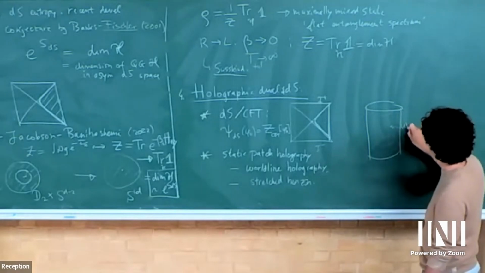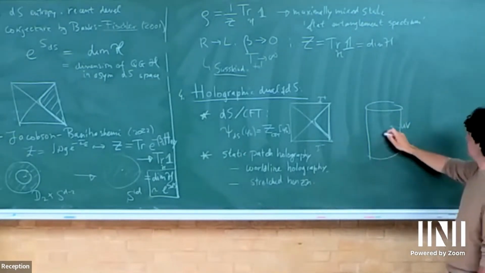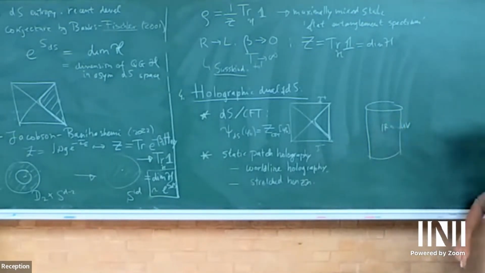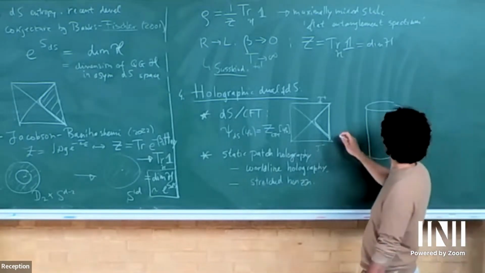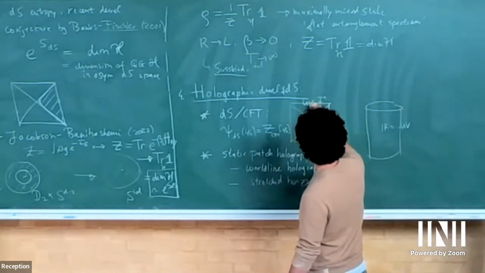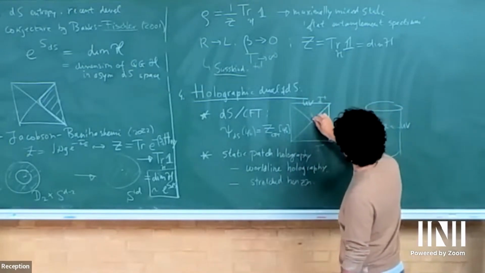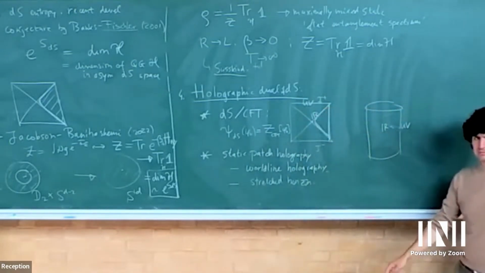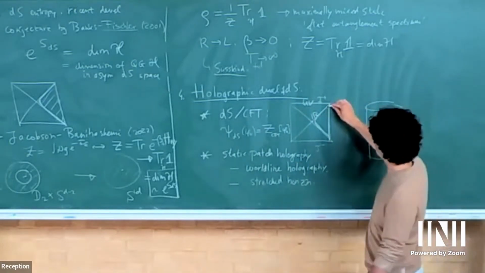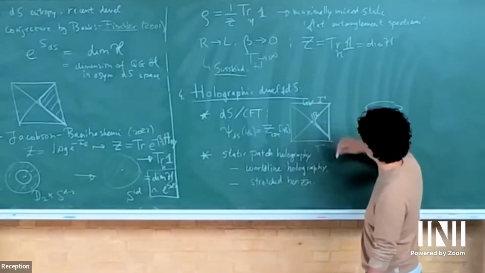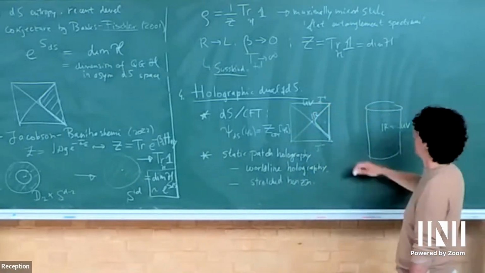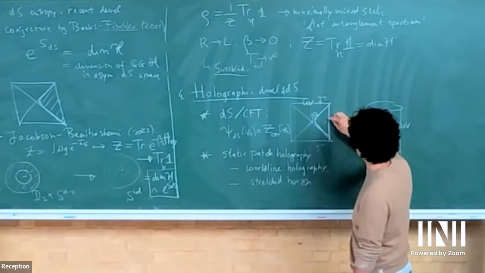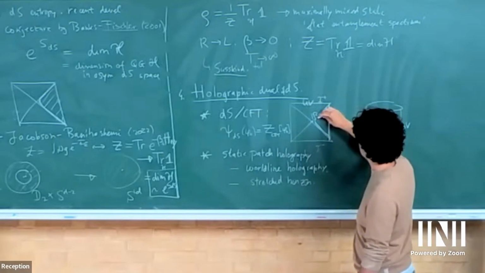So the UV of the CFT lives at the boundary, but the IR is in the bulk. The proposal would be that the UV lives here and the IR is at the horizon. But now, if I go inward inside the static patch, then again I'm going towards the UV.